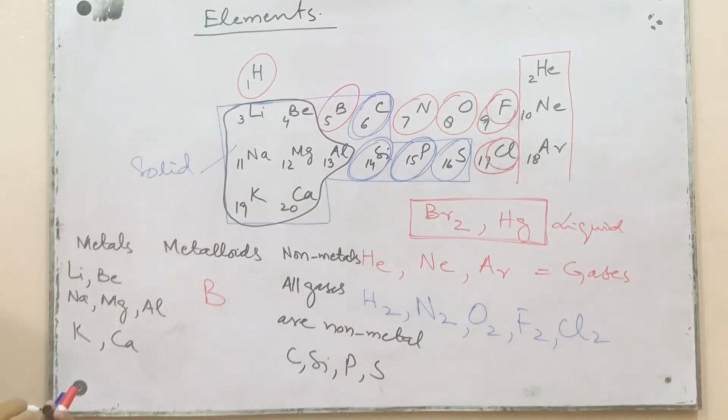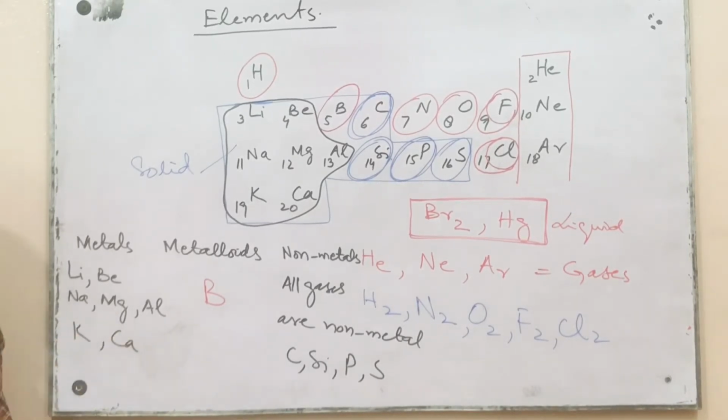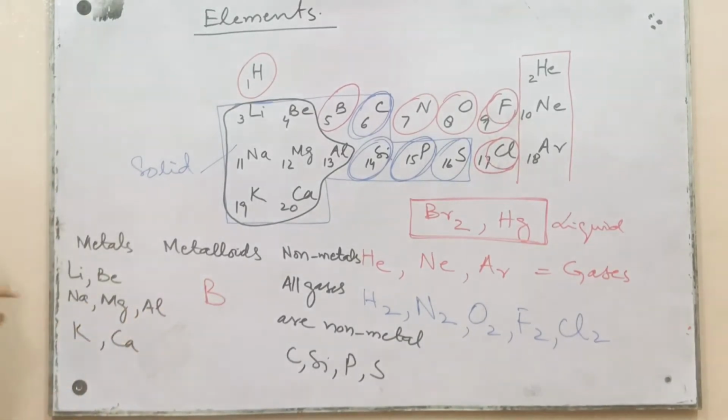All these are metals. Now, we know that metals are strong, having shiny surface, are tough, can be shaped by applying pressure, and metals are good conductors of heat and electricity. Metals, all these are.